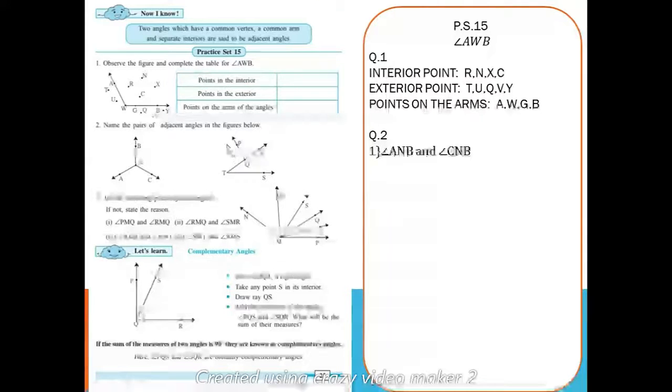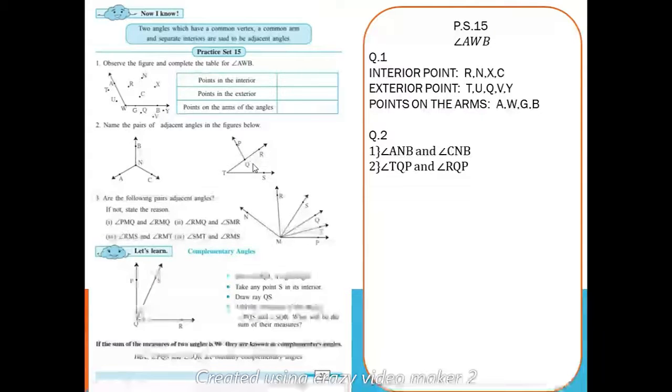Now we will go further to the next figure. It is given an angle, but we will first search for the common arm that forms an angle. This is not a common arm, because it is not dividing into two angles. So here we have found the common arm, that is ray PQ.